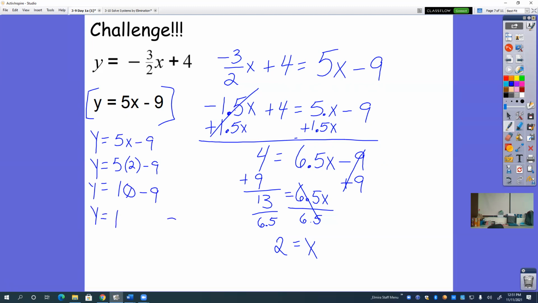So our solution is the coordinate x equals 2, y equals 1. Hopefully you guys got that right. If you didn't, hopefully you see where you might have made your mistake.